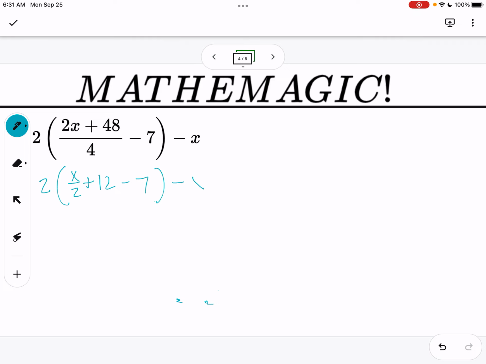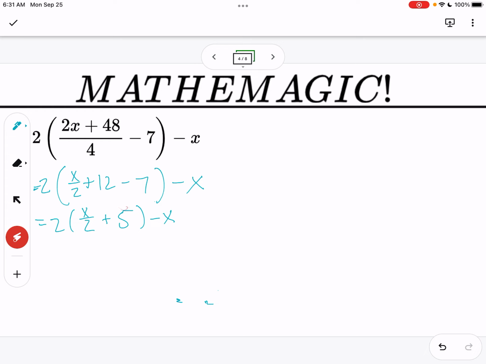And then outside of the parentheses, we copy the minus x. We can simplify what is inside our parentheses. So we can't simplify the x minus 2, but the 12 minus 7 becomes 5 minus x.